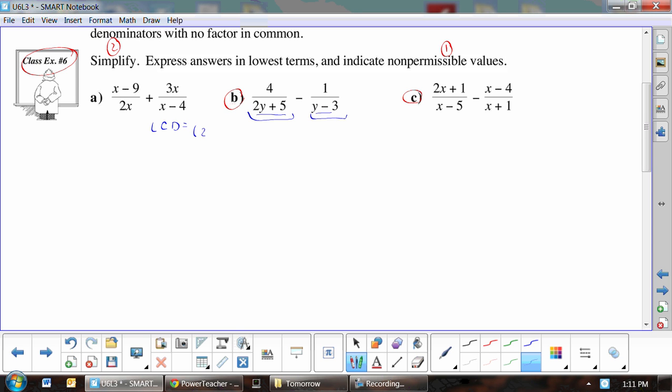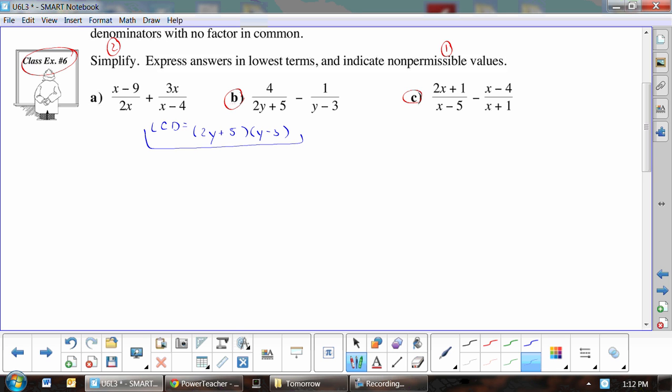And so you can just say it's 2y plus 5 multiplied by y minus 3. And for what's in the denominator, you don't even have to FOIL it. You can keep it just like that. So you can say that this is the lowest common denominator.